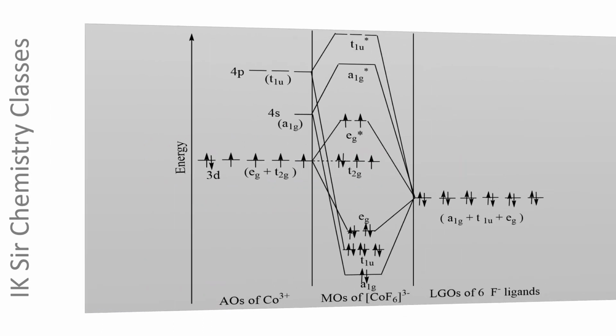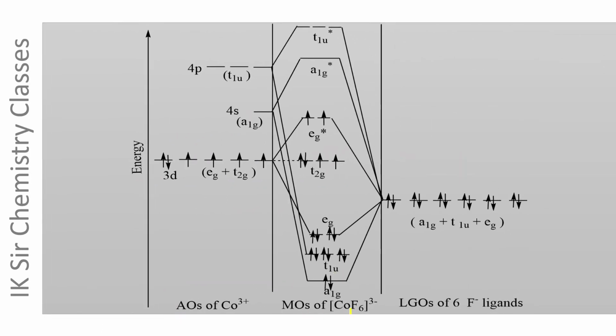Let us see another MO diagram of [CoF6]3-. In this case, F- is a weaker ligand and it produces a smaller electrostatic field around the central metal ion.